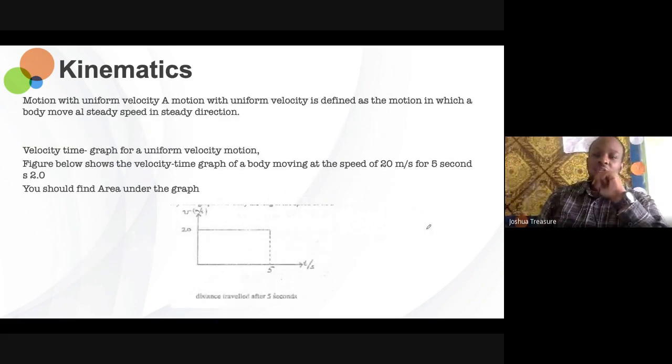All right, so motion with a uniform velocity. All right, so what is the velocity of this object here? What is the velocity of this object?